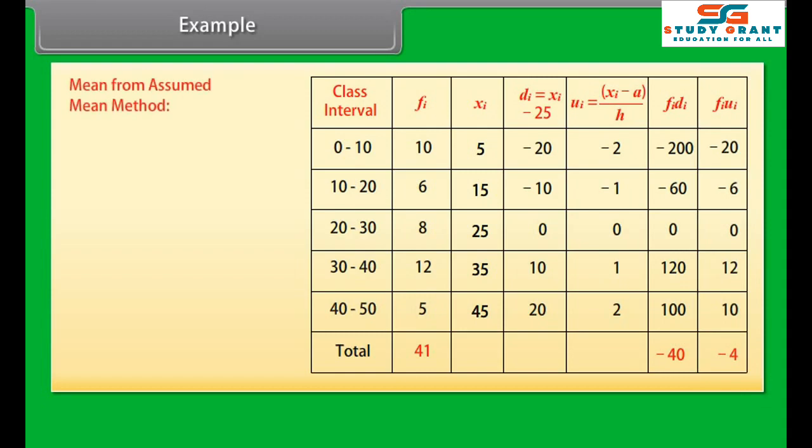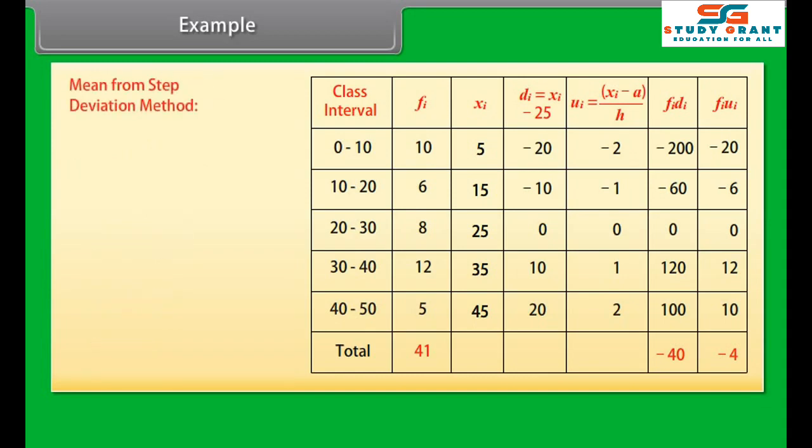And then we find the mean using assumed mean method by using the formula assumed mean plus summation of the product of fi and di divided by summation of fi. 25 plus minus 40 by 41. 25 minus 0.98. 24.02.